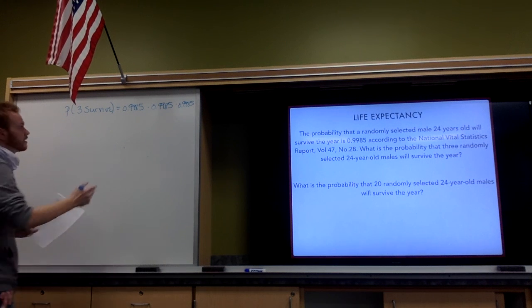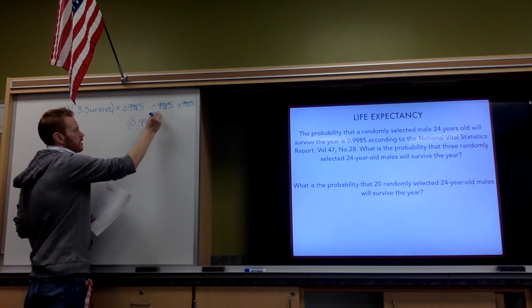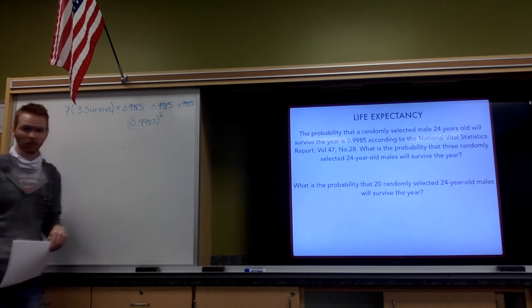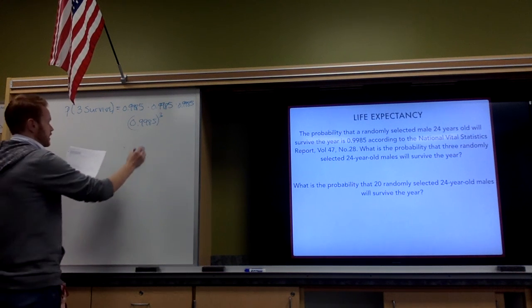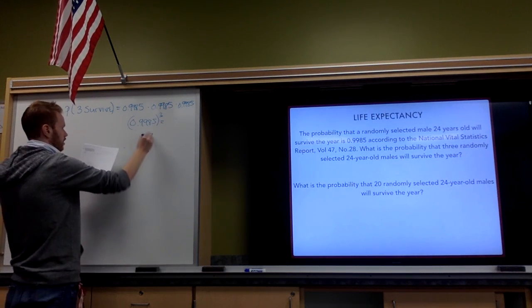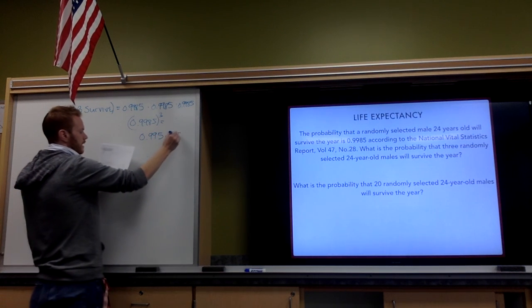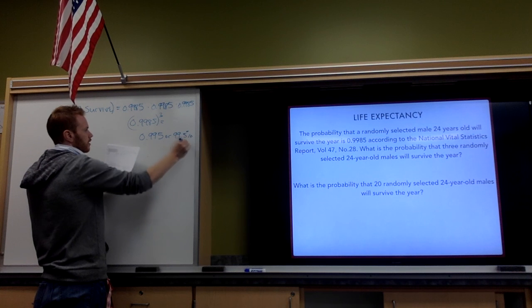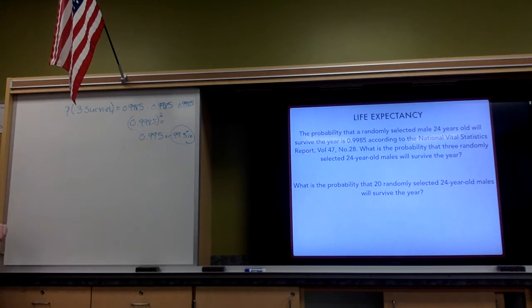You could abbreviate it, shorten it. You could just write it as an exponent. Either way, just do it to the cube power, okay? So what's this come out to be? Well, it comes out to be 0.995 or 99.5%. Okay, depending on where you round or how far you went with it.